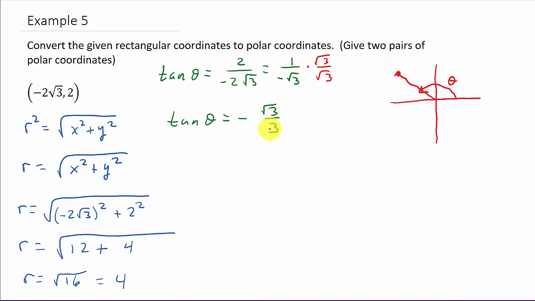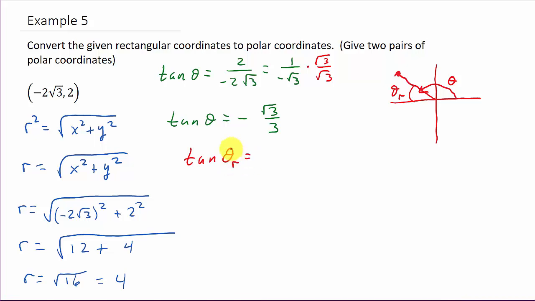Alright, now you can look this up on the unit circle and everything, and that's fine, but I think it's better if you can understand how to find this angle using reference angles. So we need to find our reference angle, which is right here. And remember, your reference angle is always measured off the x-axis. So to find our reference angle, let's do red here.